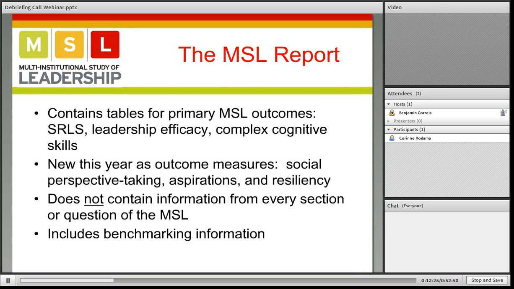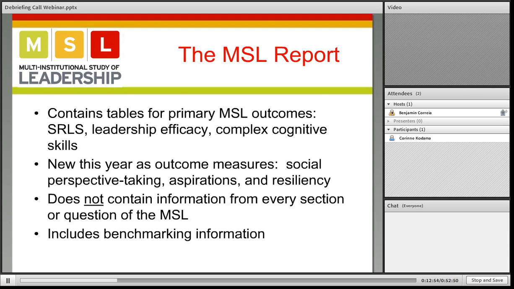So the MSL report is just one part of the MSL. It contains results in tables for the primary outcomes that Ben mentioned earlier: the socially responsible leadership scale, leadership efficacy, complex cognitive skills, and the new outcome measures as well, social perspective taking, aspirations, and resiliency. However, it does not contain results from every section or every question of the MSL.